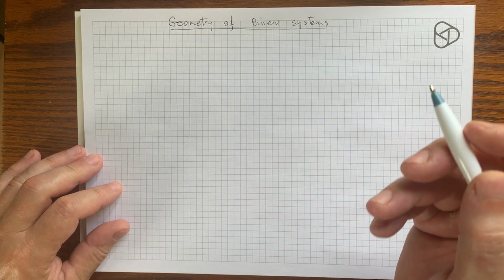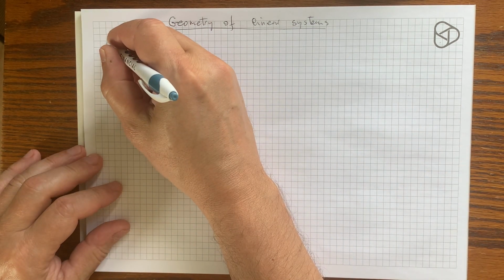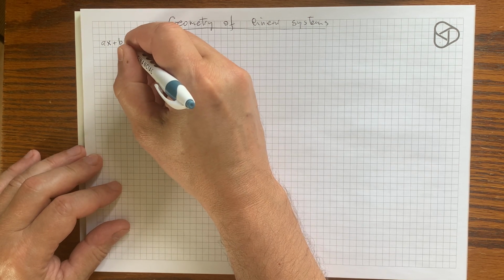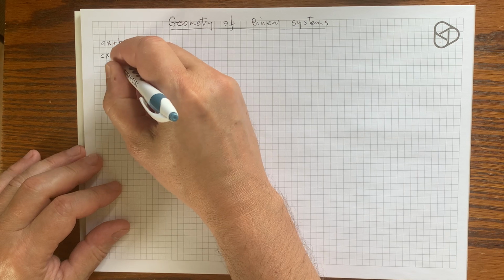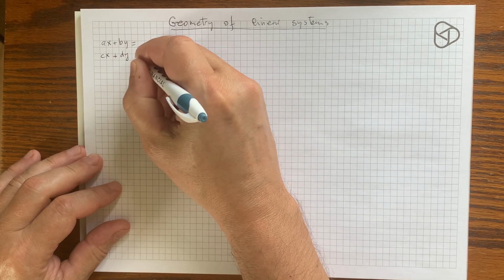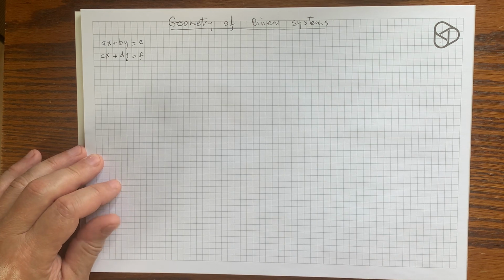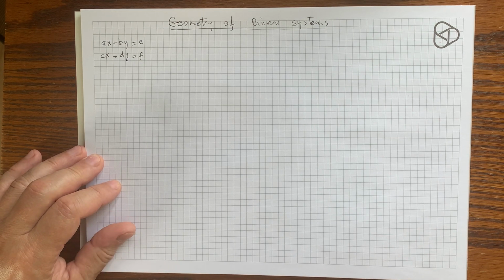So if we have two equations on two unknowns, that corresponds to looking at intersection.